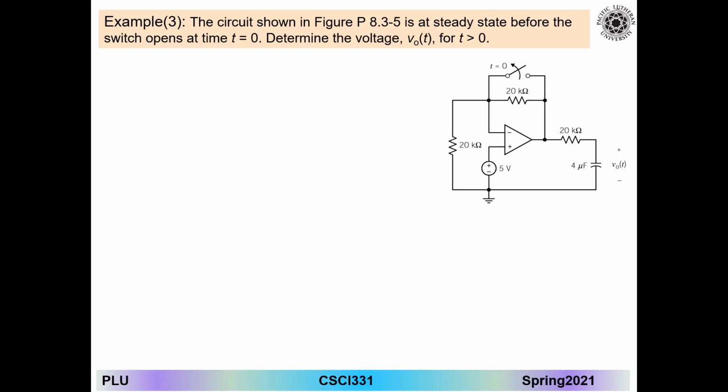Now they're asking for the voltage across the capacitor as a function f of t. The formula we're going to use is f of t equals V open circuit plus the initial condition for the voltage minus V open circuit, times e to the minus t over tau, where tau is R Thevenin times C. The equivalent part is very important.